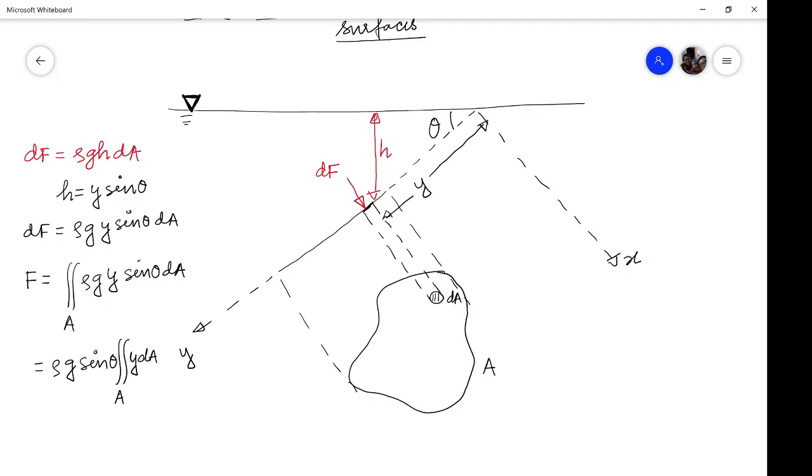Now what is y dA? y dA is the first moment of area about the x-axis.